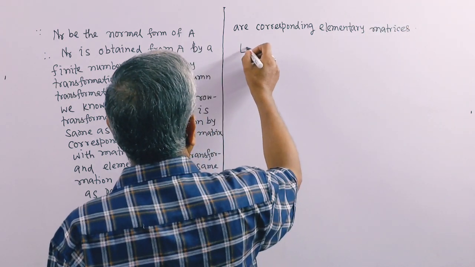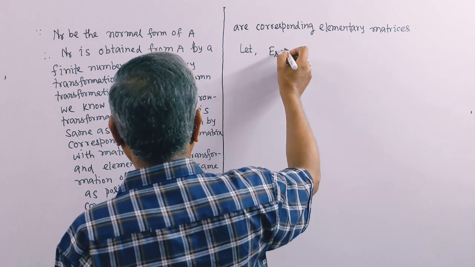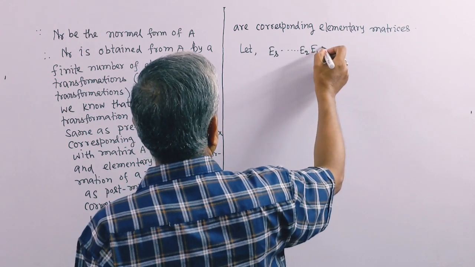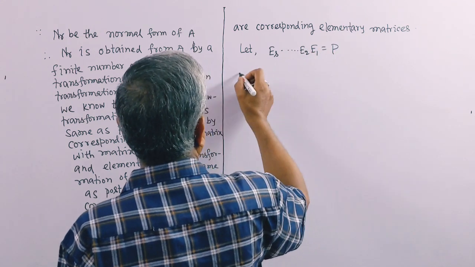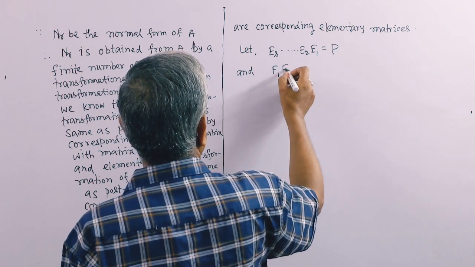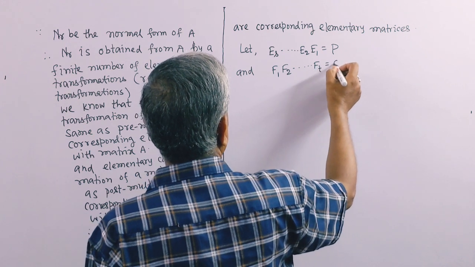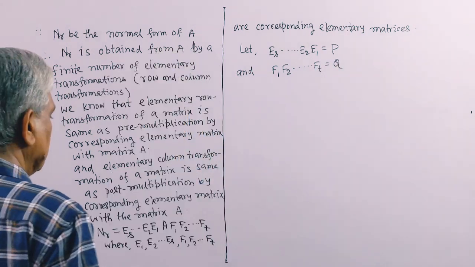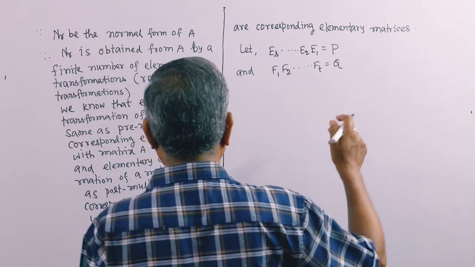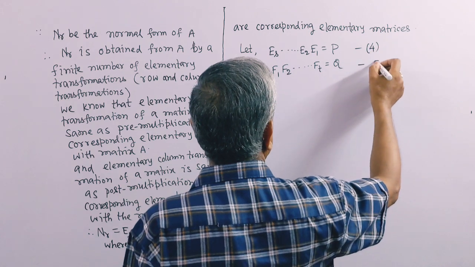Let ES multiplied by E2 E1 equal P and F1 multiplied by F2 multiplied by Ft equal Q. Let this be number 3, this be number 4, this be number 5.